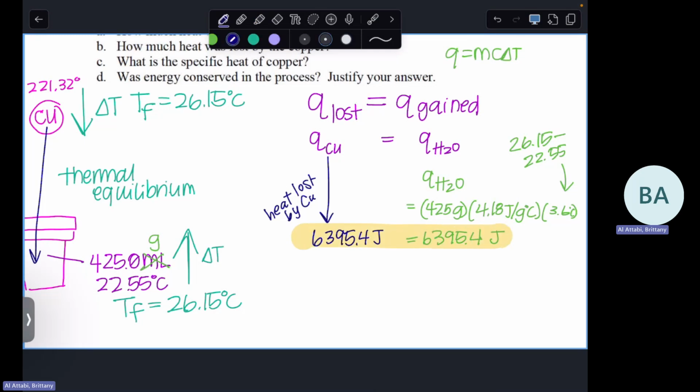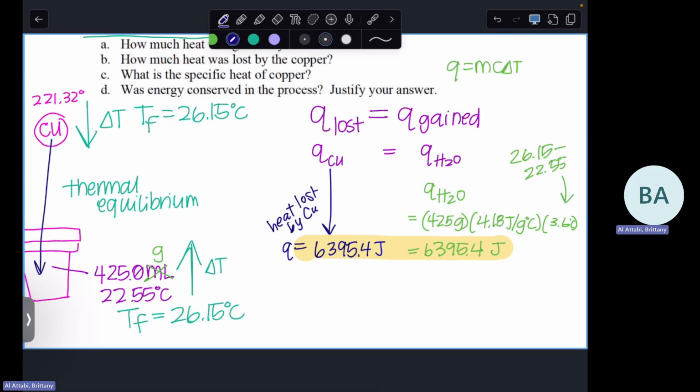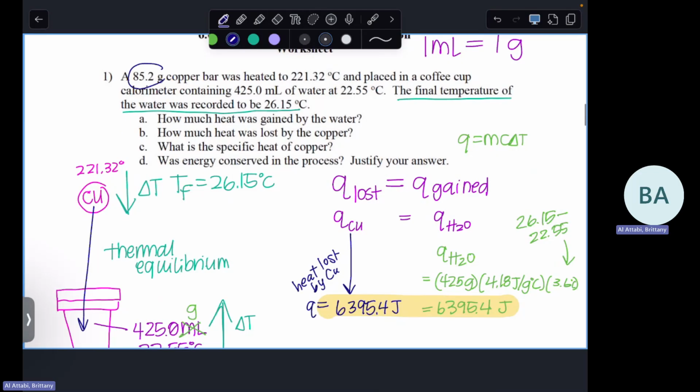So now I have Q for my copper. I have the mass of my copper, and I can figure out the delta T of my copper.